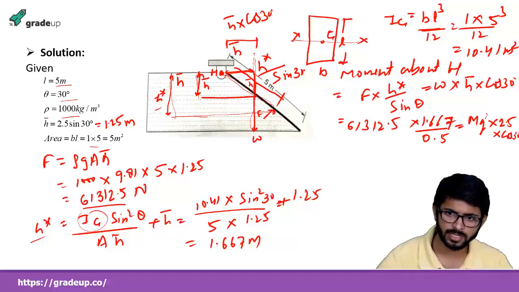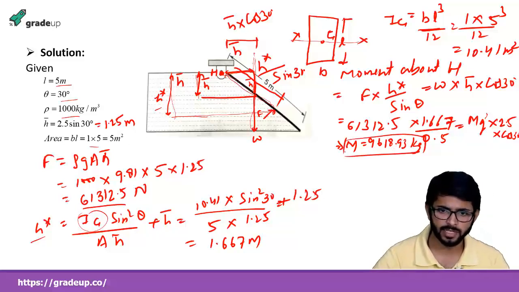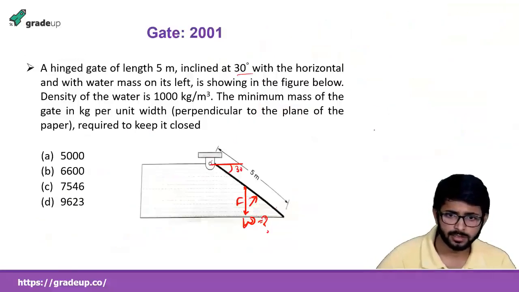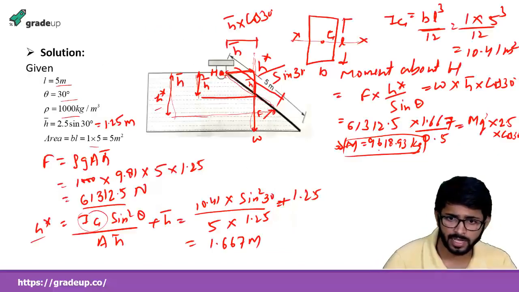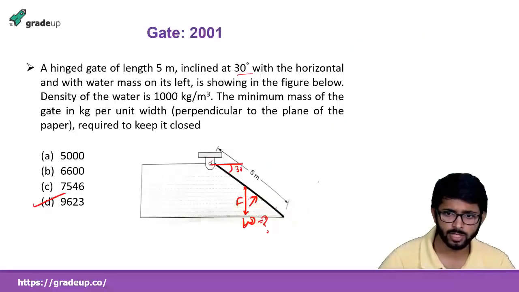After solving this, putting g as 9.81, we will get m equal to 9618.93 kg. So this is how we calculate the mass of this gate. The closest answer is 9623, which will be the closest to the answer. So D is the correct option.